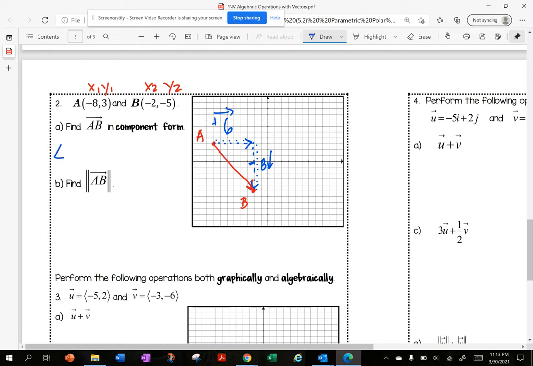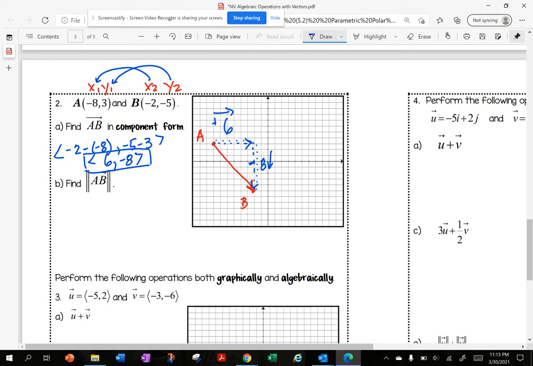I can say x2 minus x1 and y2 minus y1. So -2 minus -8 is 6. And -5 minus 3 is -8. These are what I see for horizontal and vertical on my graph.